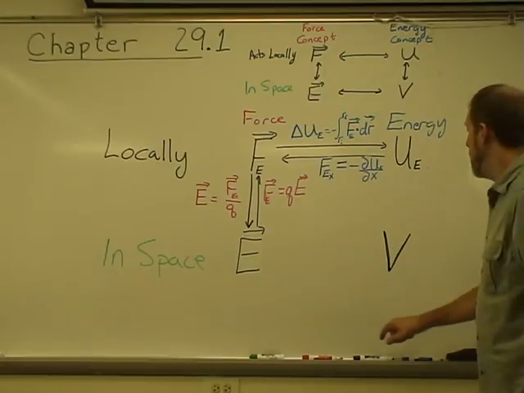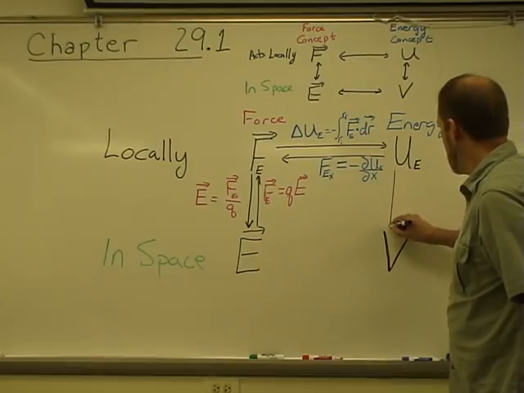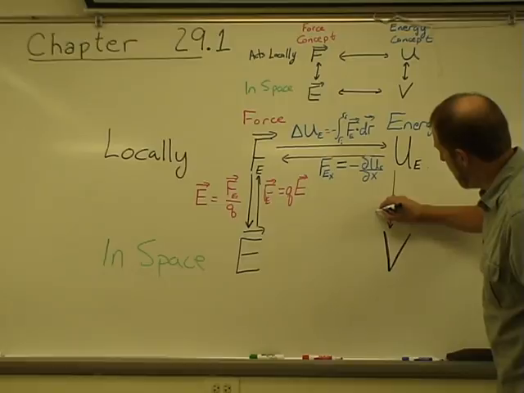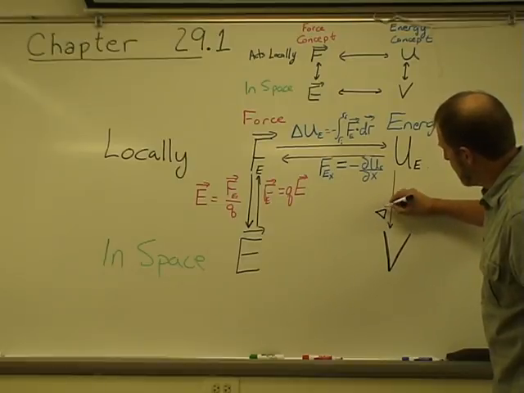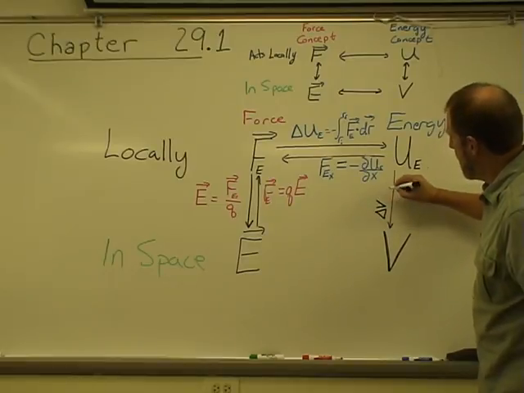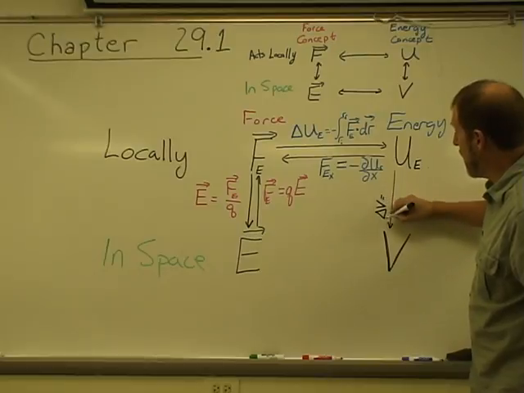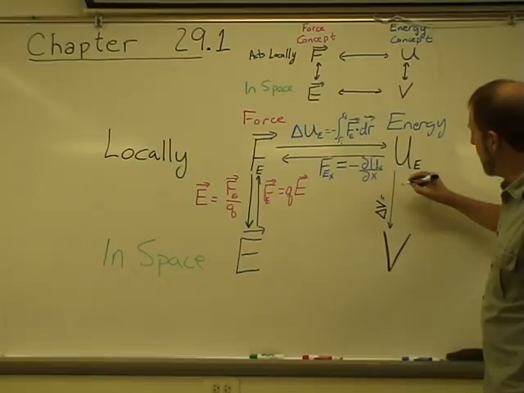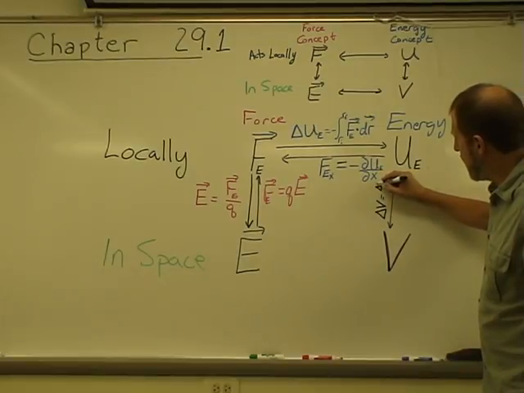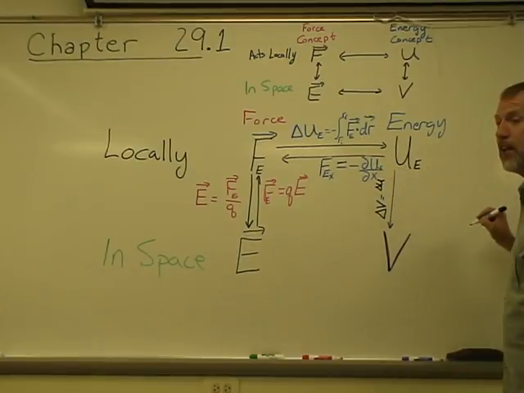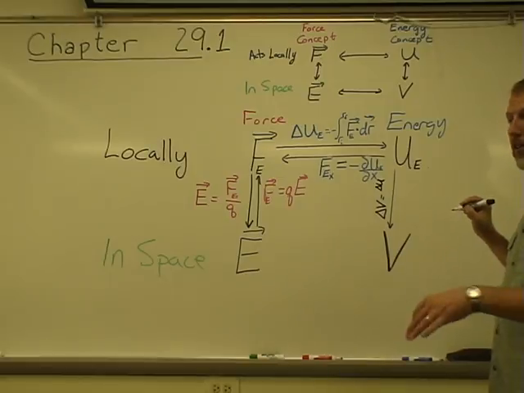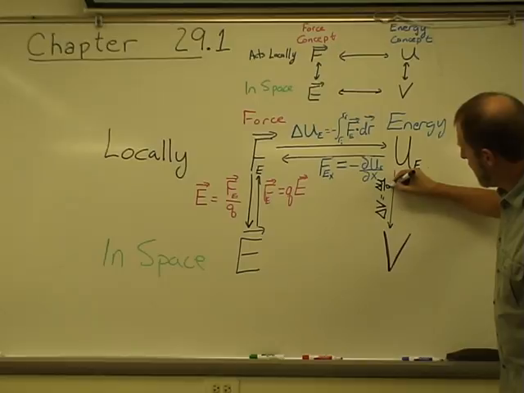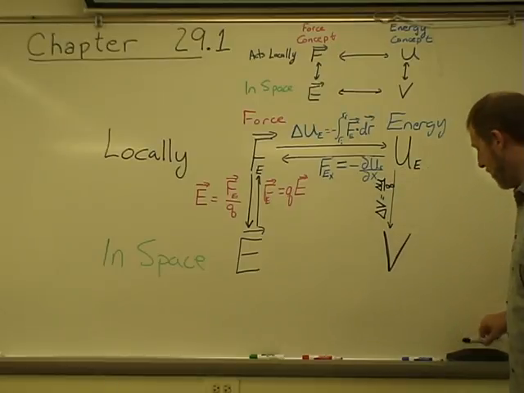Now, to get from the electric potential energy to the electric potential, the change in electric potential over a particular space is equal to the change in the electric potential energy of the test particle as it moves through that gap divided by the charge of that test particle.